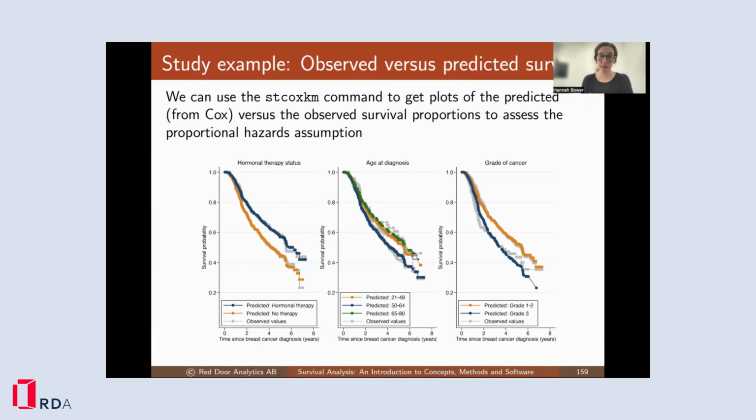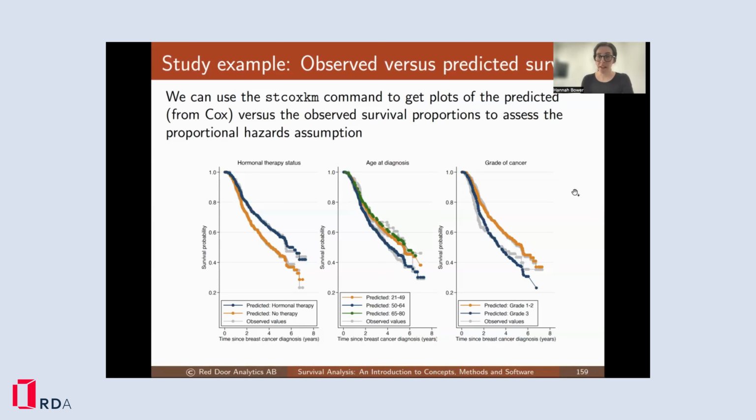But remember that there's maybe fewer data there. And then we also see maybe a little bit of deviation from the 50 to 64-year-old group here. So there may be potentially a problem with the proportional hazards assumption for age at diagnosis from this plot.